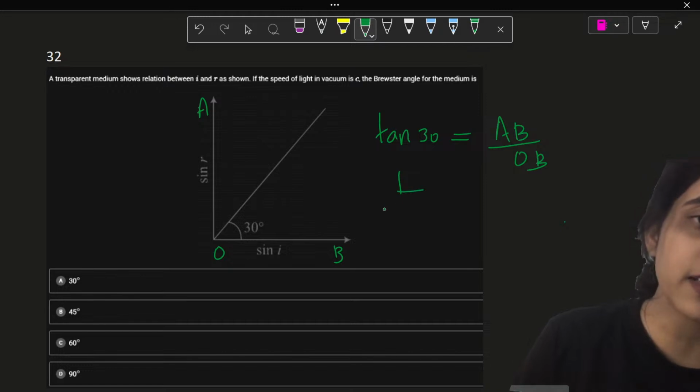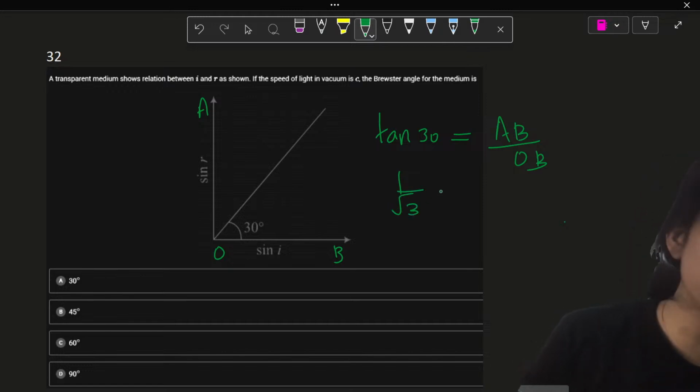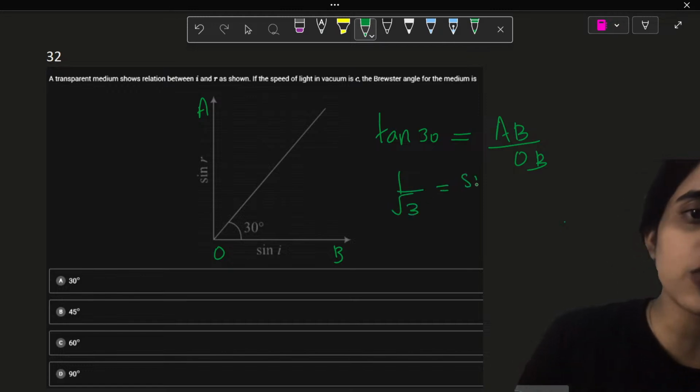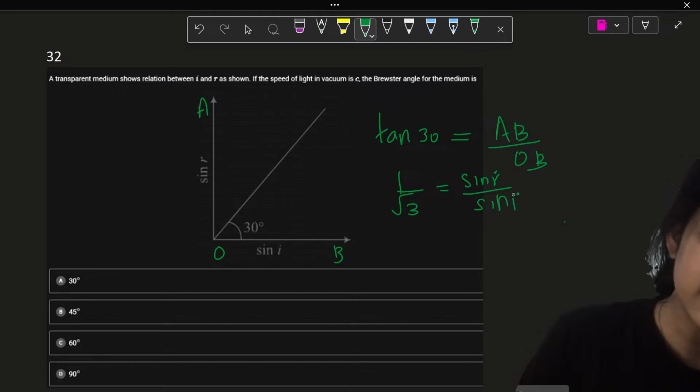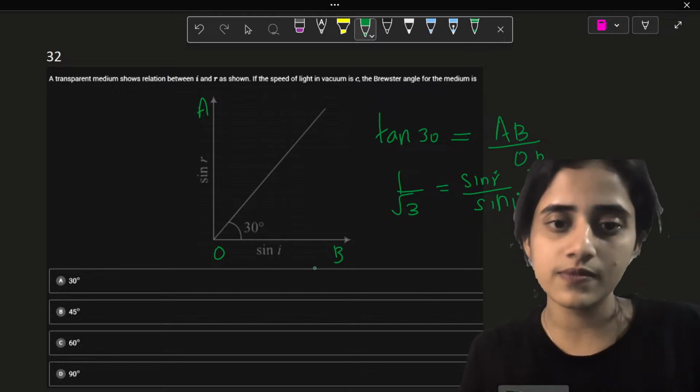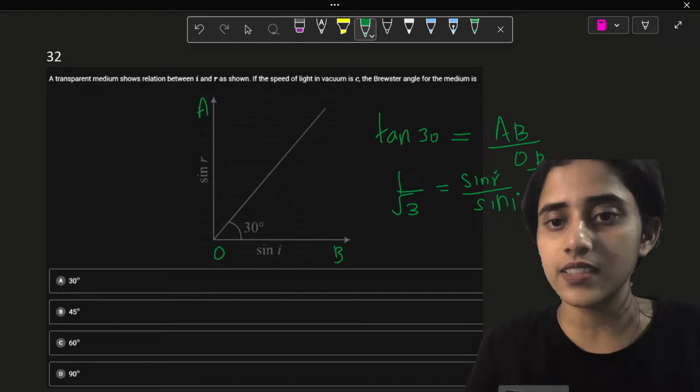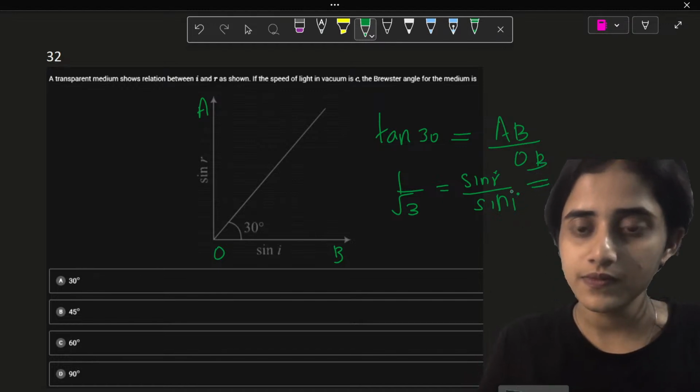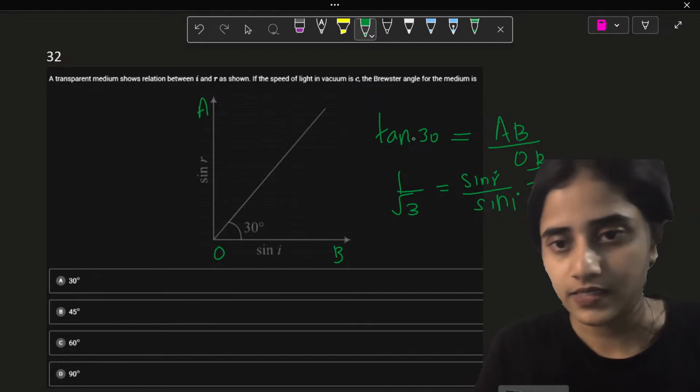And how much is tan 30? 1 by square root of 3. 1 by square root of 3 is also sin I by sin R. Sin I by sin R is tan 30.